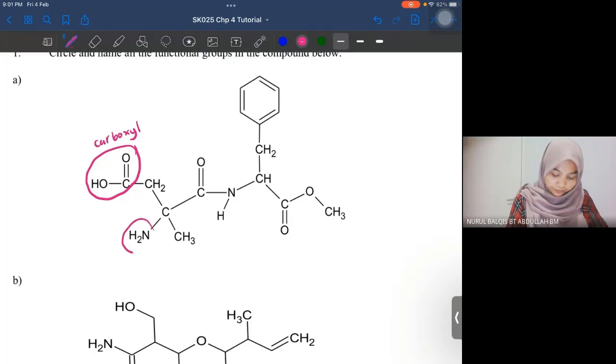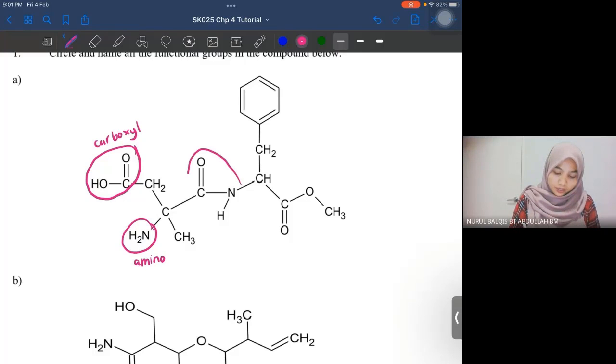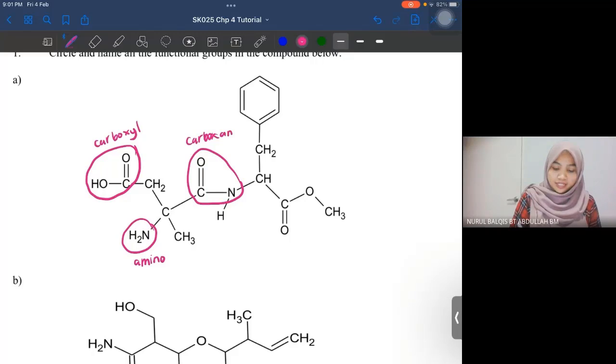This one? Amino. Yes. Lagi? This one? Carboxamide. Hydroxamide. Awak take note bila saya label tu, saya tarik yang kat mana tu. Make sure semua tu sekali masuk.